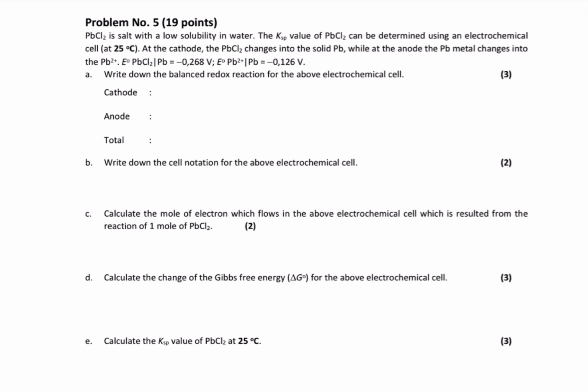There's information here that at the cathode we have PbCl2, which changes into solid Pb, and at the anode, the Pb metal changes into Pb2+. And then here we have the data of the reduction potential related to this reaction.